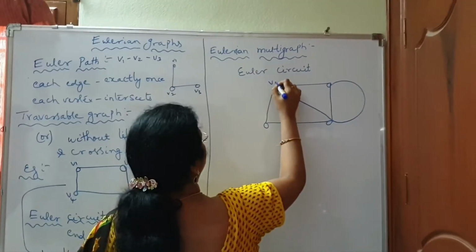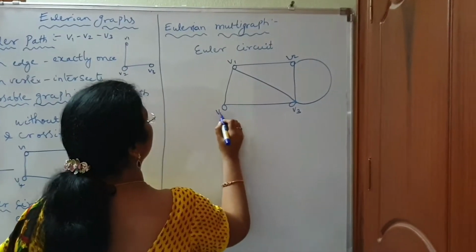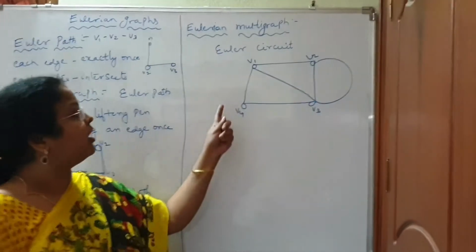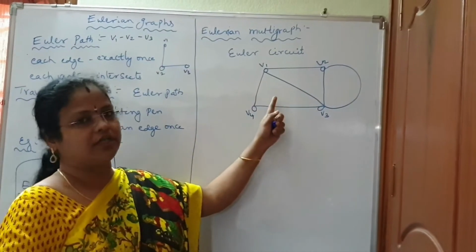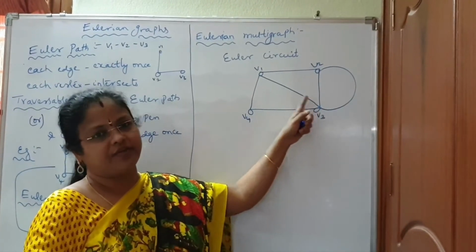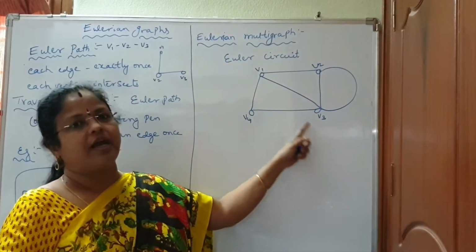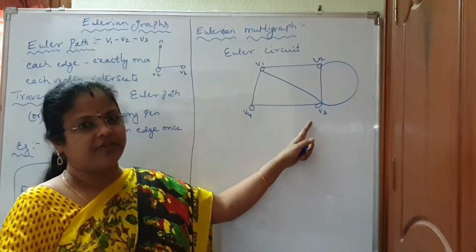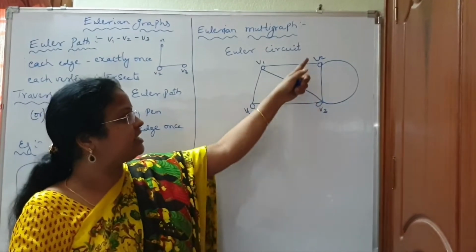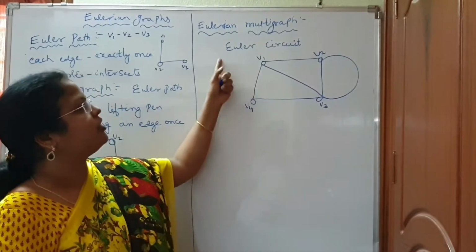Again, if you write V1, V2, V3, V4, this is a multigraph. Why are we calling this a multigraph? You have parallel edges between the V2 and V3 vertices. Here I have drawn this graph without lifting the pen, crossing each edge exactly once, and intersecting each vertex exactly once. This is an example of an Euler circuit.